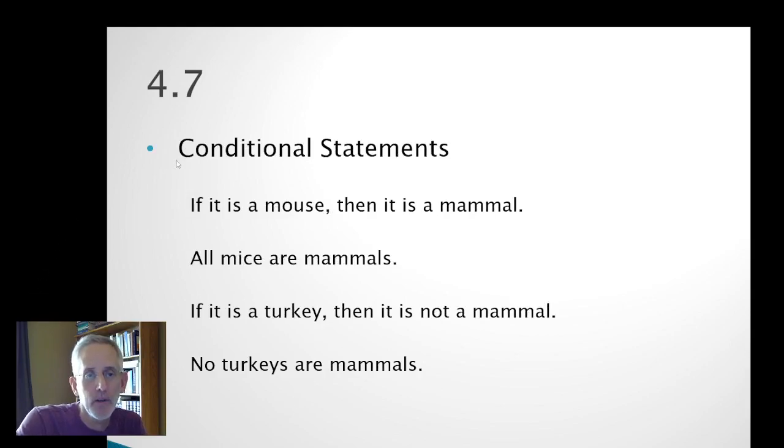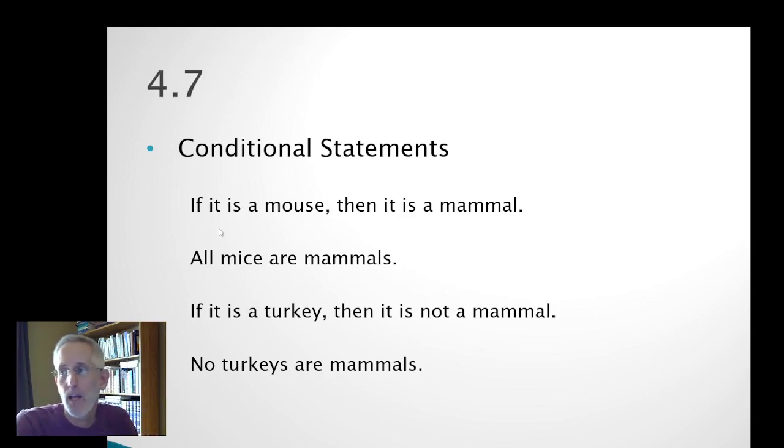Conditional statements. Conditional statements are just if-then statements. That's what conditional means. If A, then B. So if it's a mouse, then it's a mammal. That would translate into all mice are mammals. Conditional statements are always translated as universal in their quantifier.